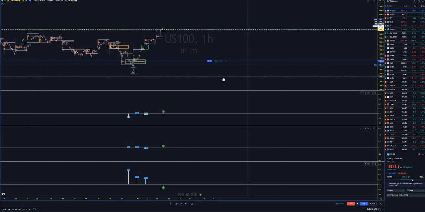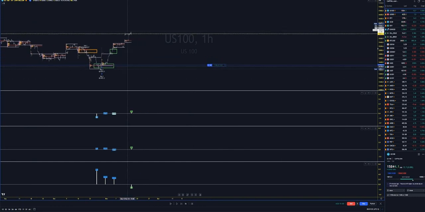And we see now, okay, does it break the high of the volume profile, yes or no? The answer is easy, no, it will not. Why? Because the 4-hourly trend is divergence.